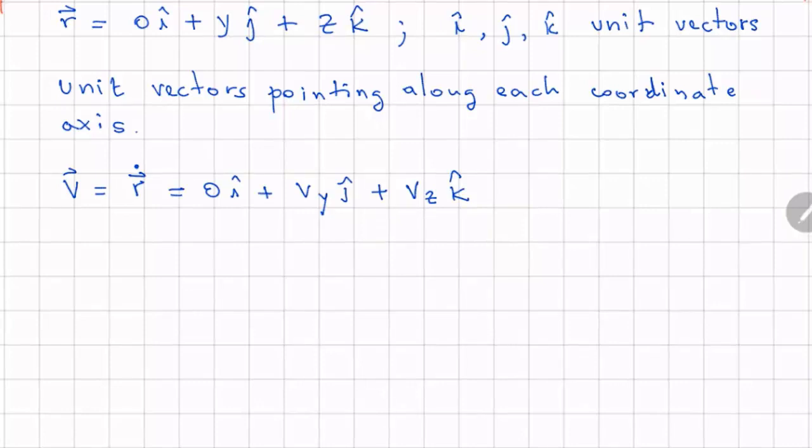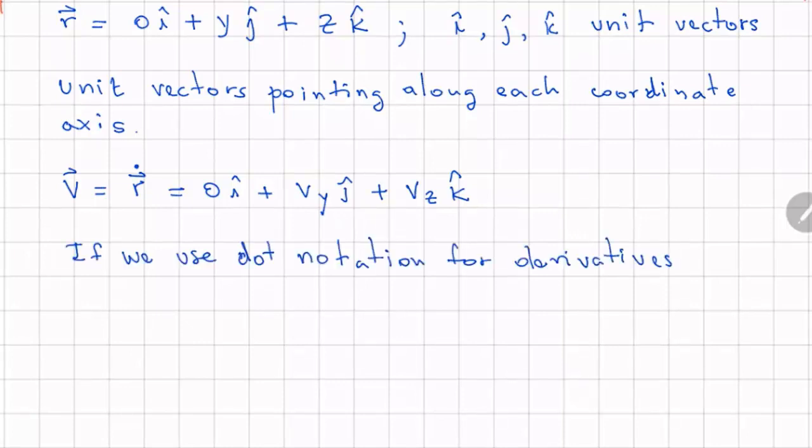But if we use the dot notation for the derivative, we get v equal to 0 i plus y dot j plus z dot k.